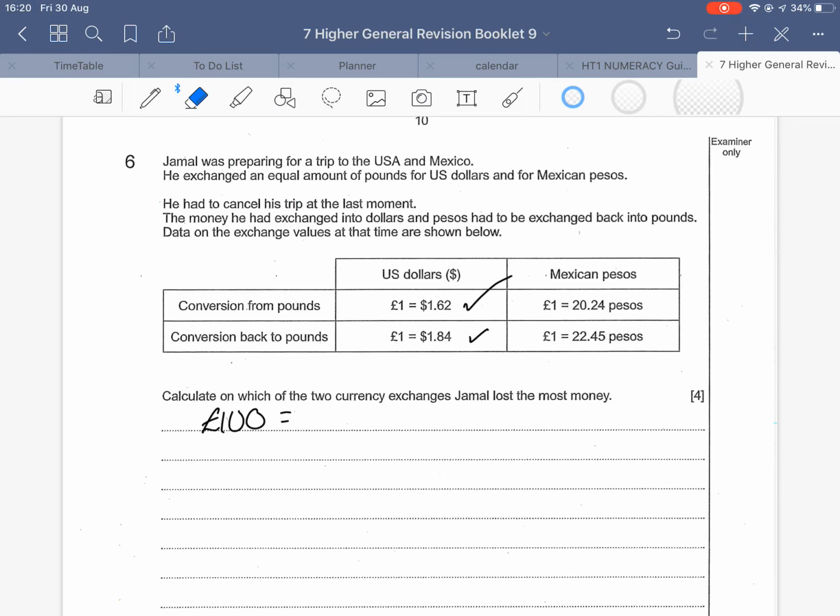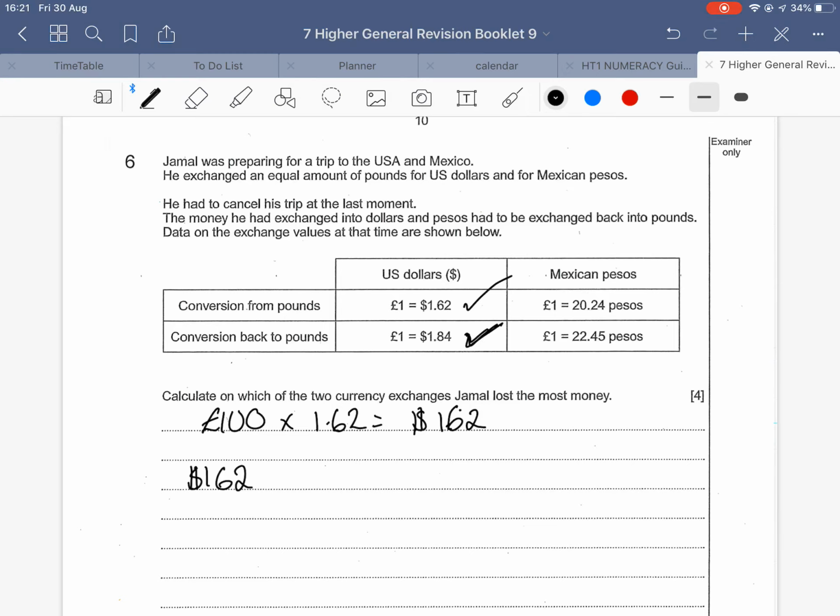So if he had £100 and he was putting it into US dollars, we would times that by the 1.62 to get $162. So now he's in the US and he wants to exchange it back. So he's got $162, and we're using the second conversion because he's putting it back.